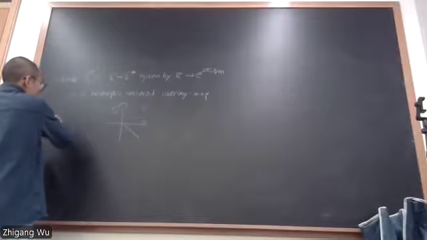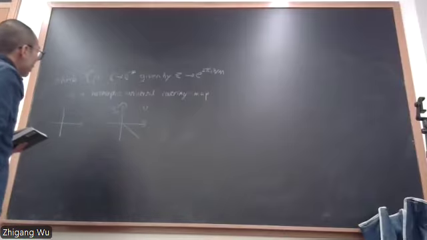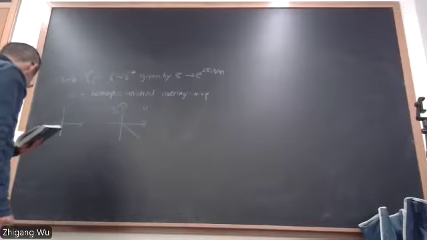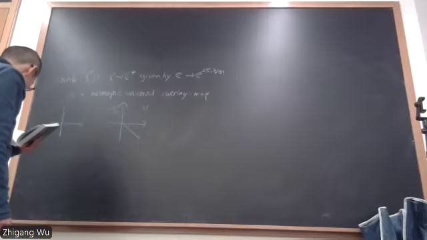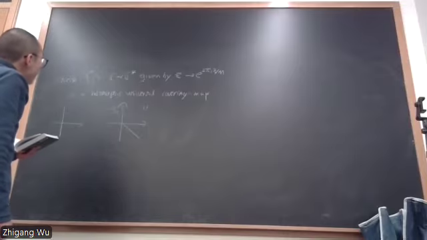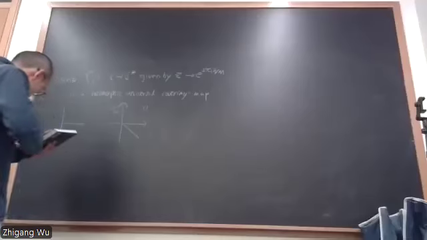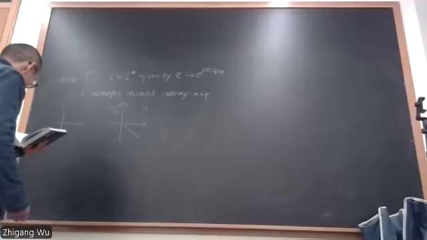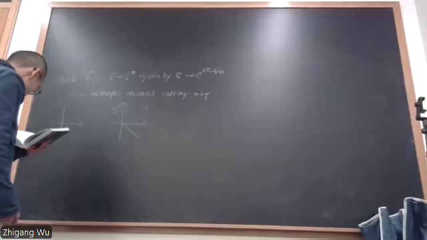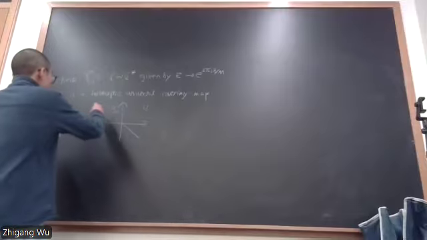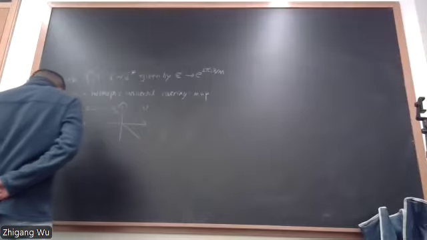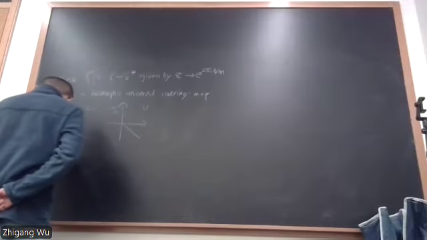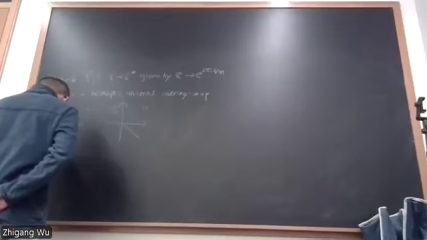Okay. So suppose that, let me think. So basically, what you do is you take the fundamental branch of the multi-valued function, log of theta over 2 pi.